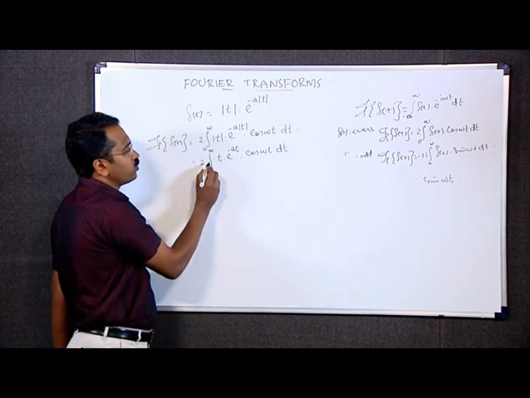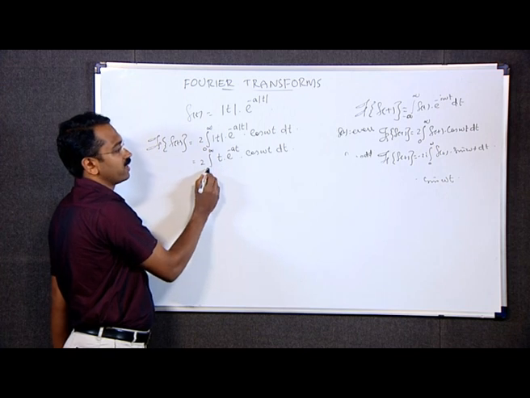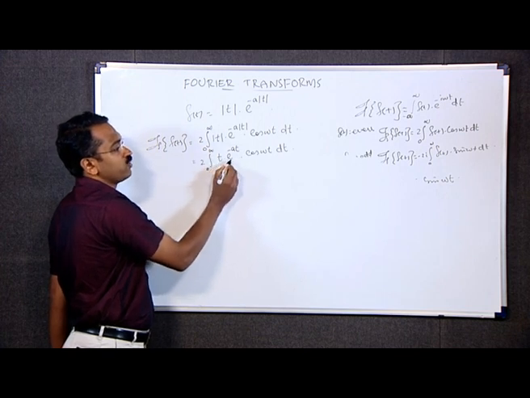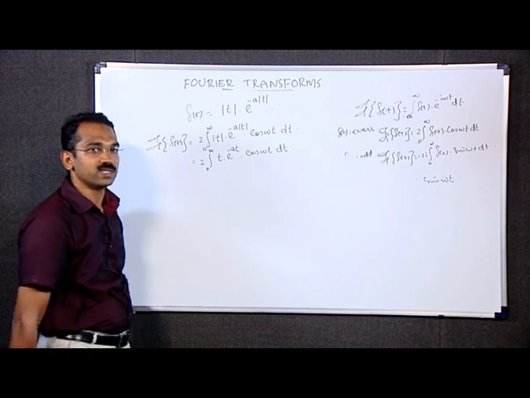Now, we have to evaluate this integral from 0 to infinity of t into e raised to minus a t cos omega t dt.